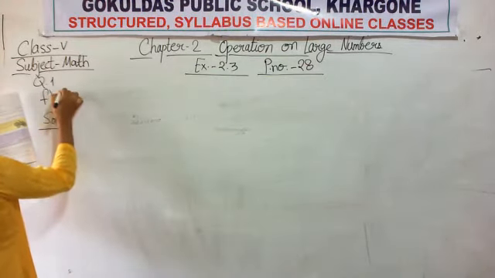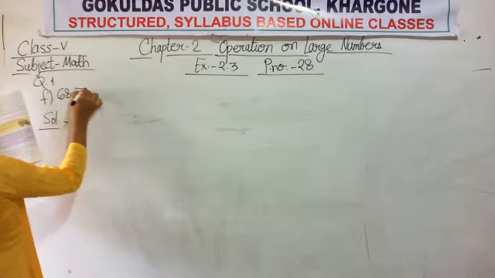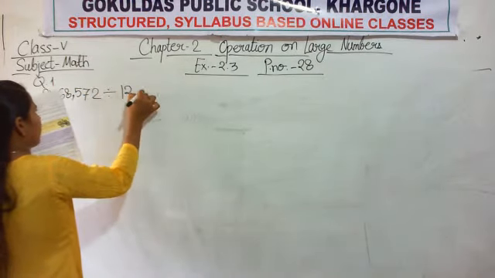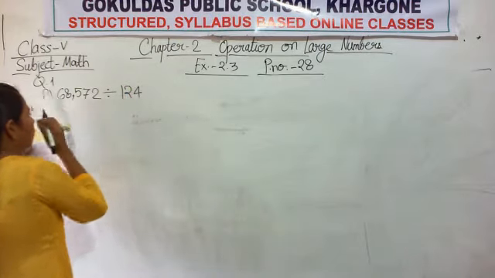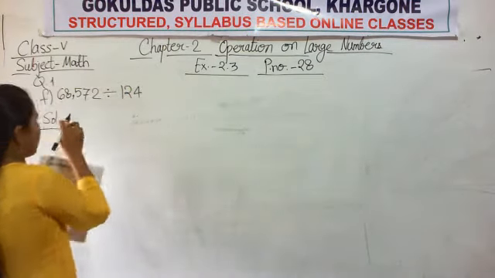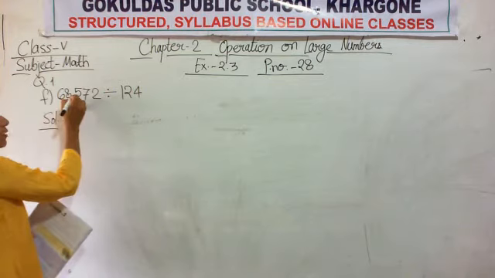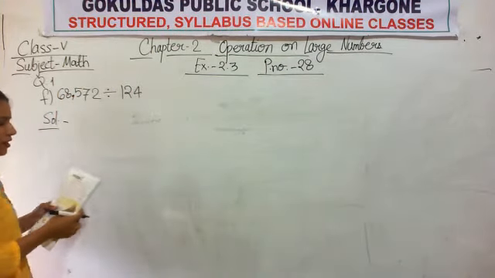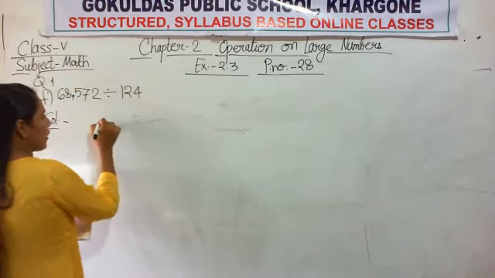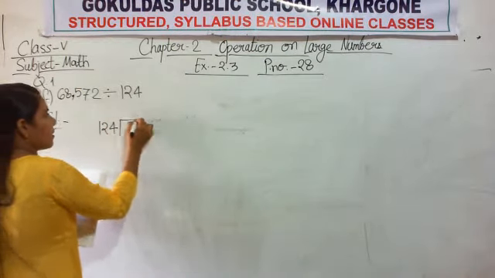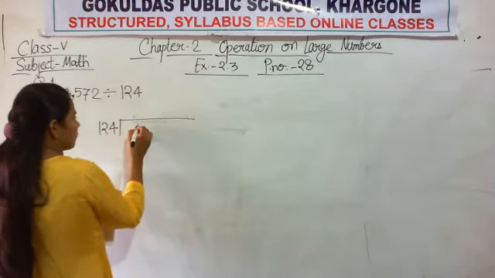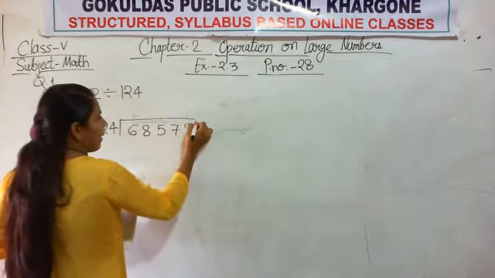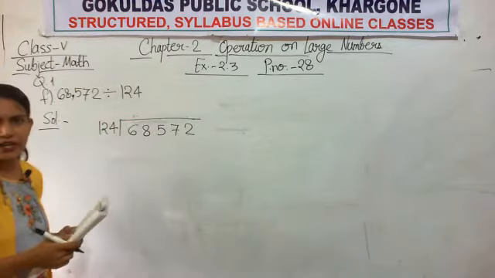In part F, 68,572 is given there. Divide by 124. Right? The first number to be divided is called dividend. 124 is divisor, right? So we will arrange both the numbers in division form. I have arranged both the numbers in division form.